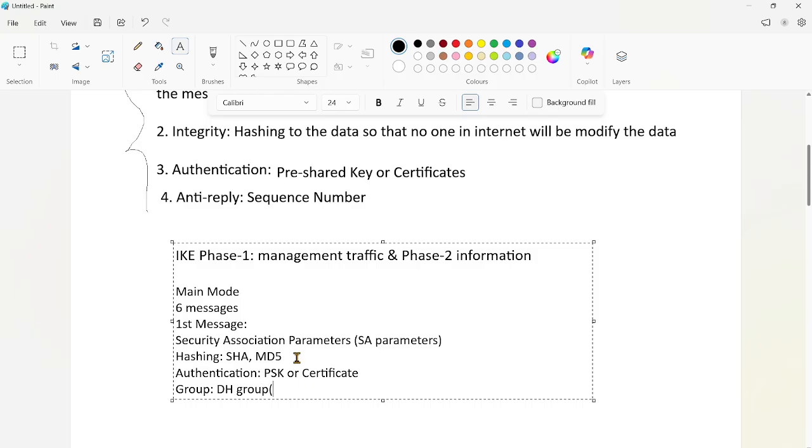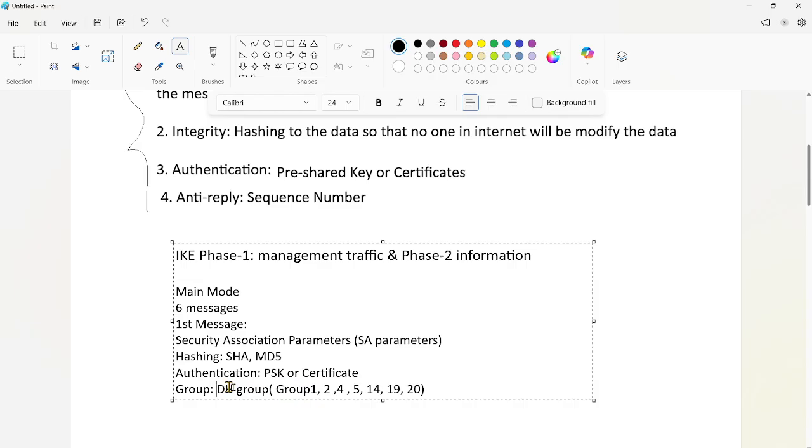In this DH group we have multiple group numbers, like group 1, group 2, group 4, group 5, group 14, group 19 and group 20. Why do we have so many numbers? When they introduced the DH group, they started with group 1.